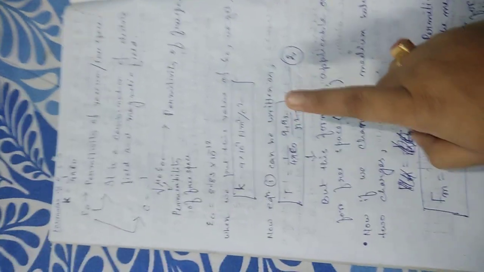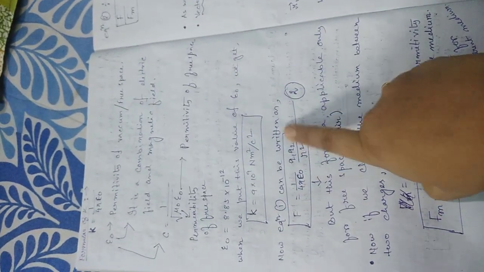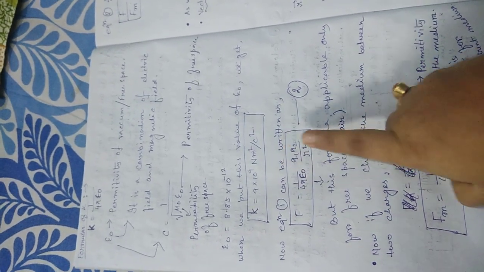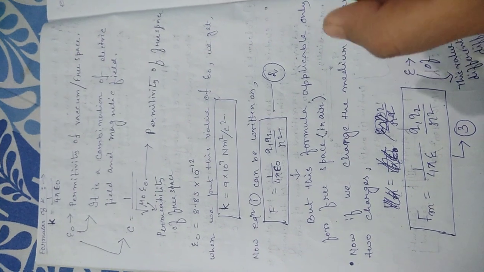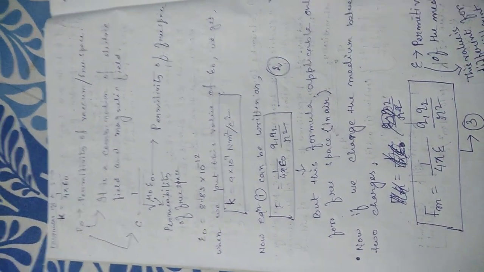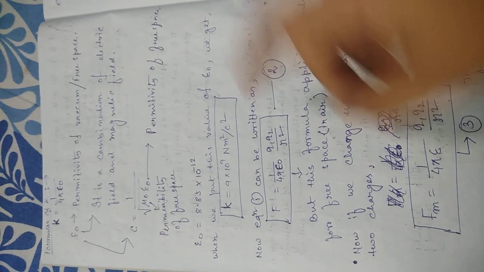But remember, one condition is there. What is that condition? This formula, 1 by 4 pi epsilon naught q1 q2 by r square, is applicable only for free space, that means in air. If the medium between these two charges q1 and q2 is air, then we can apply this formula.